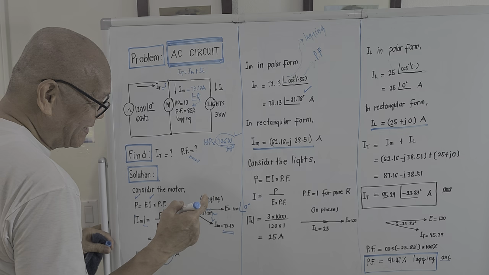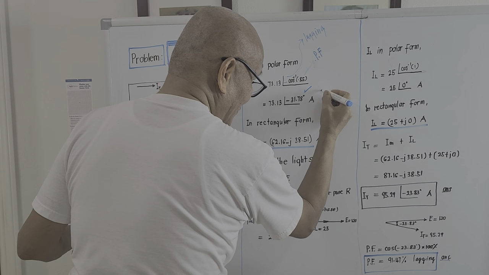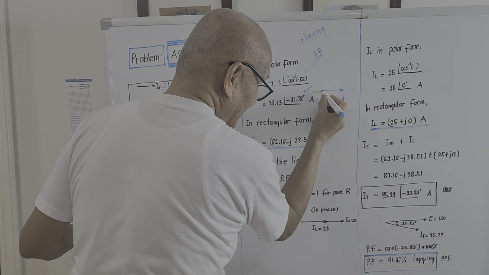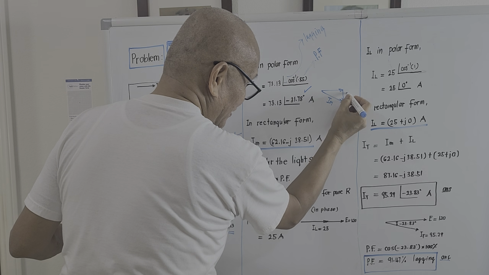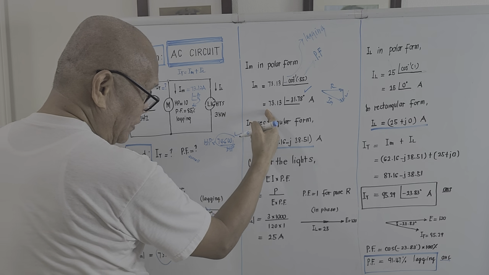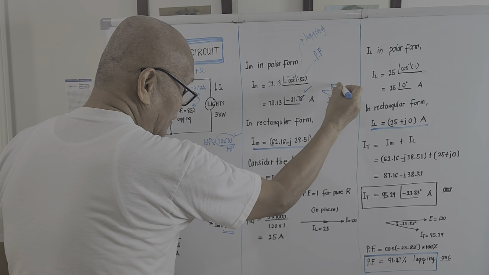Okay, you got it? So if we convert this, the current here will be something like this. This is the imaginary part. This is the real part. If we convert this to the so-called rectangular form, we can compute the real part.